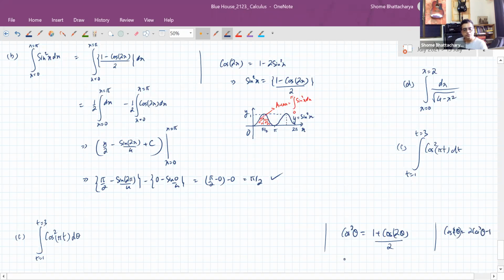So here just think of theta as pi t. So this becomes 1 plus cos 2 pi t divided by 2. This is not d theta, this is obviously dt in the integration.